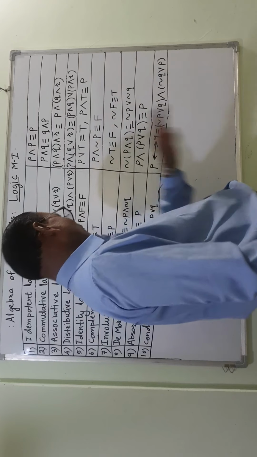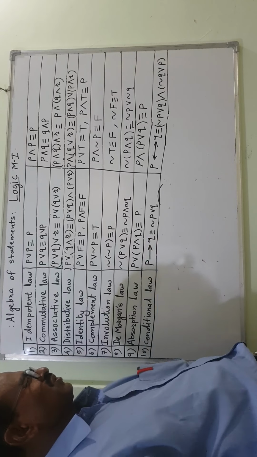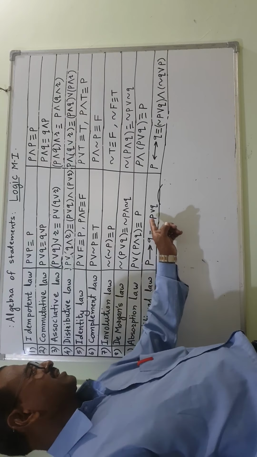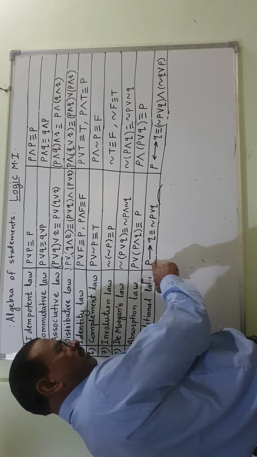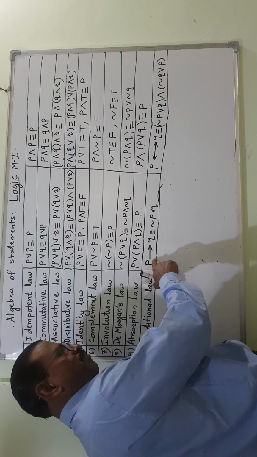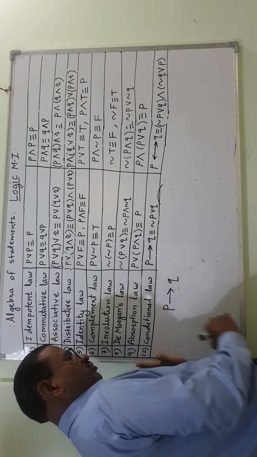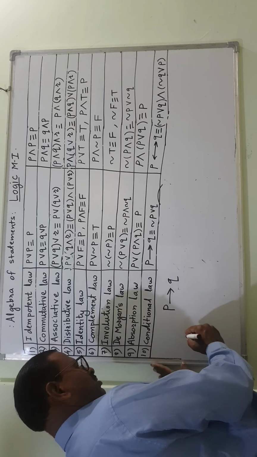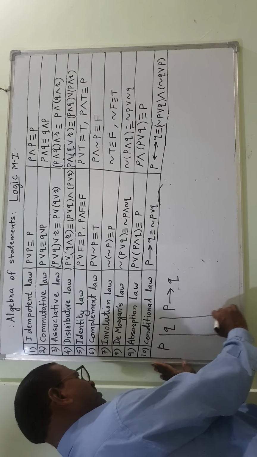Here also the same. Now conditional law, P implies Q, is nothing but negation P or Q. If I draw the truth table of P implies Q, two switches, so P, Q. These are the two switches.